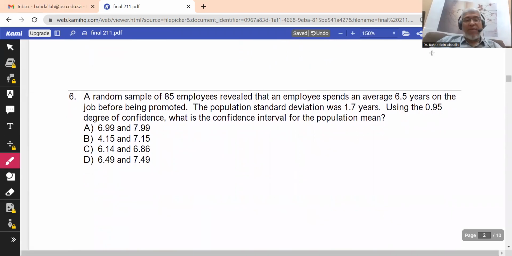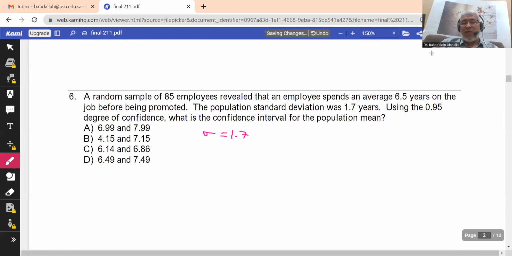A random sample of 85 employees revealed that an employee spends an average of 6.5 years on the job before being promoted. The population standard deviation, okay, so this is the population standard deviation, 1.7.